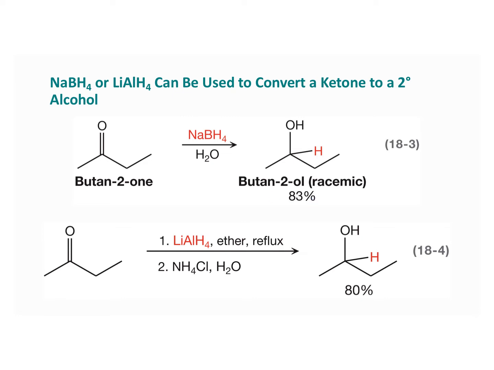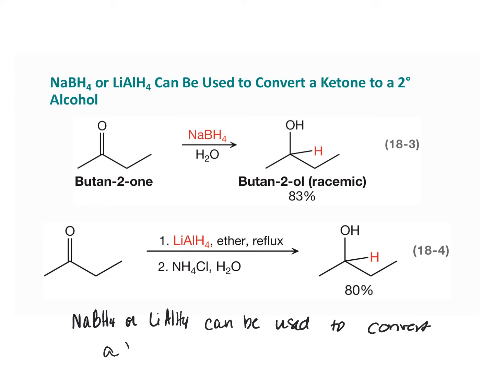I want you to notice too with lithium aluminum hydride, we can do this same reaction and form the same product here. In general, sodium borohydride or lithium aluminum hydride can be used to convert a ketone to a secondary alcohol.